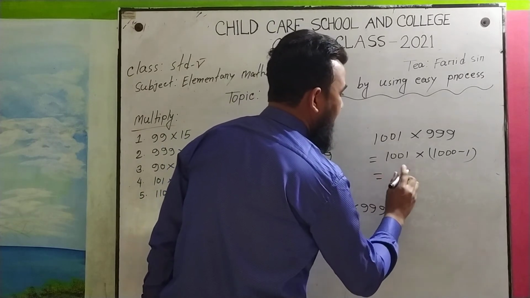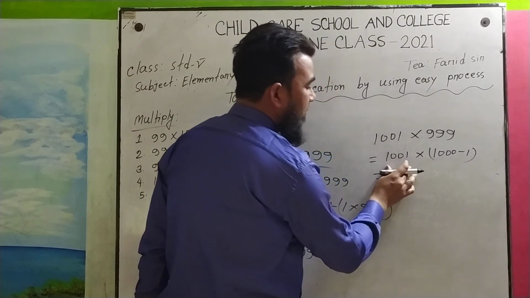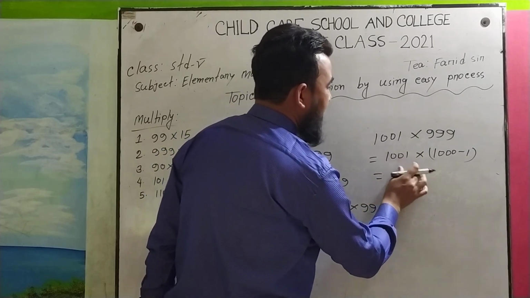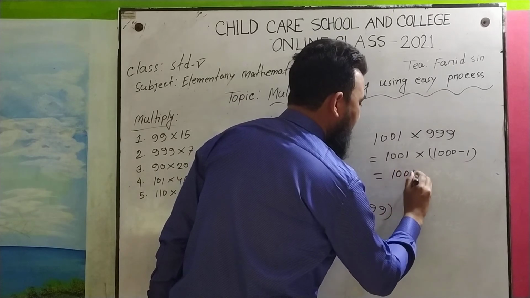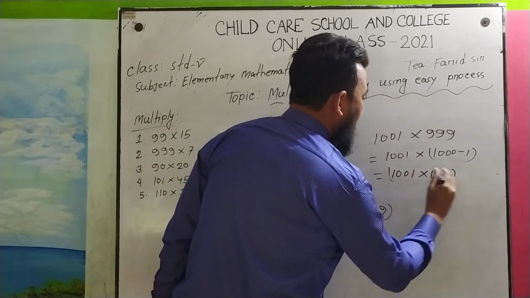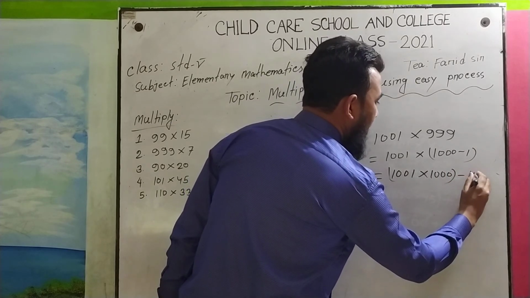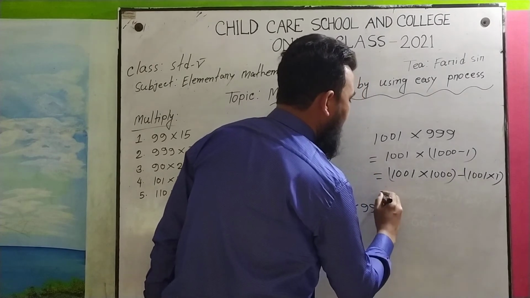So what will be? Now we have to multiply 1000 minus 1 by 1001. Then it will be 1001 into 1000. Now minus 1001 into 1.